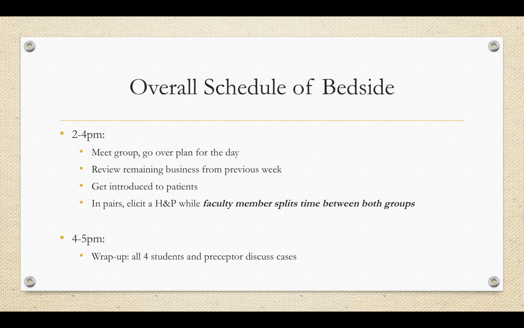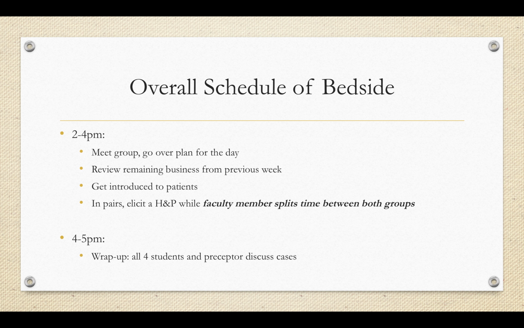And when you do meet up with your teams, there may be business from the previous time that you met. You may choose to go over write-ups at that time. Every week there's a student leader, and the leader may have particular teaching that they want to do with you. So what happens right at 2 o'clock may vary depending on the week.